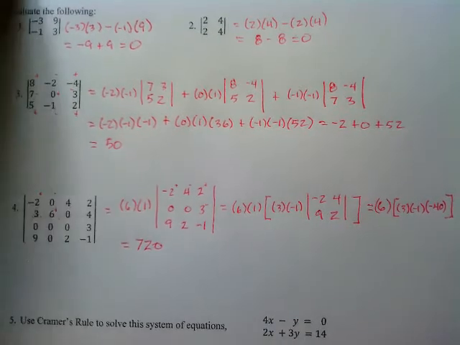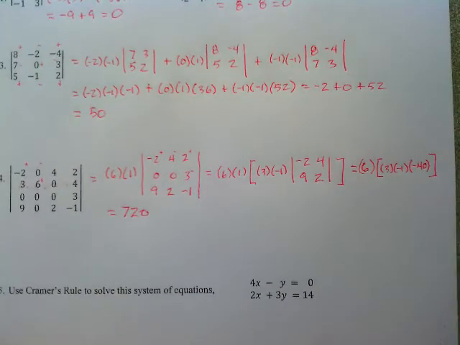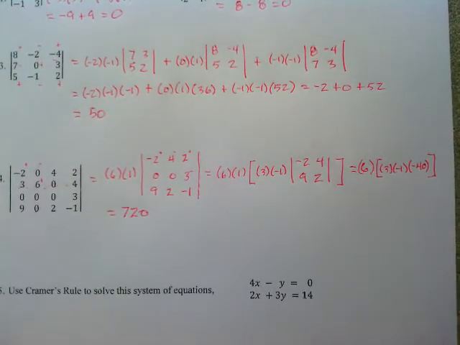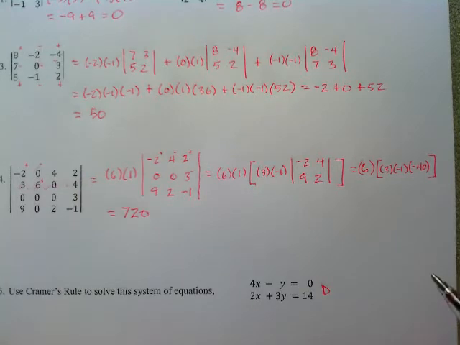All right, let's try a couple of examples with Cramer's Rule. So here's my system. I'm going to first want to find D. D is the determinant of the coefficients in front of the x and y's.